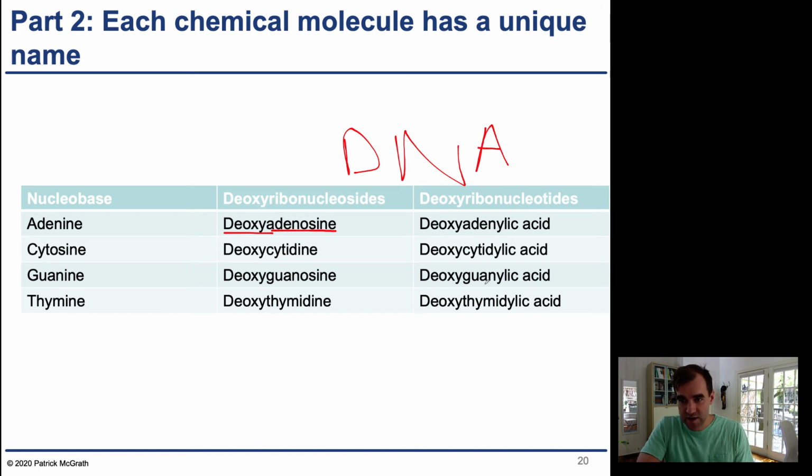So deoxyadenylic acid, deoxycytidylic acid, etc. When you're going through these, it might be a little bit hard to memorize all this stuff, but it's important to remember that if you're reading something and they refer to cytidine or cytosine, you have to think to yourself, is this talking about the nucleobase, the nucleoside, or the nucleotide? And then of course you can always Google the word to see what exactly it means.